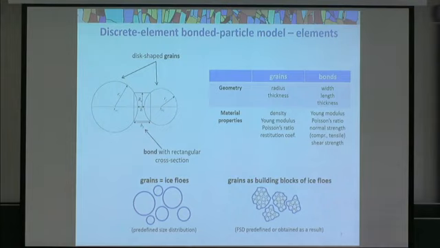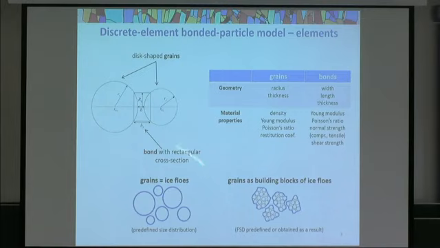And we may apply the model as a standard granular material model without the bonds. In this case, we prescribe a certain size distribution of grains, which are identical with ice floes in this case, and study the dynamics or very simple thermodynamic processes like lateral melting of those ice floes. We may change their sizes.